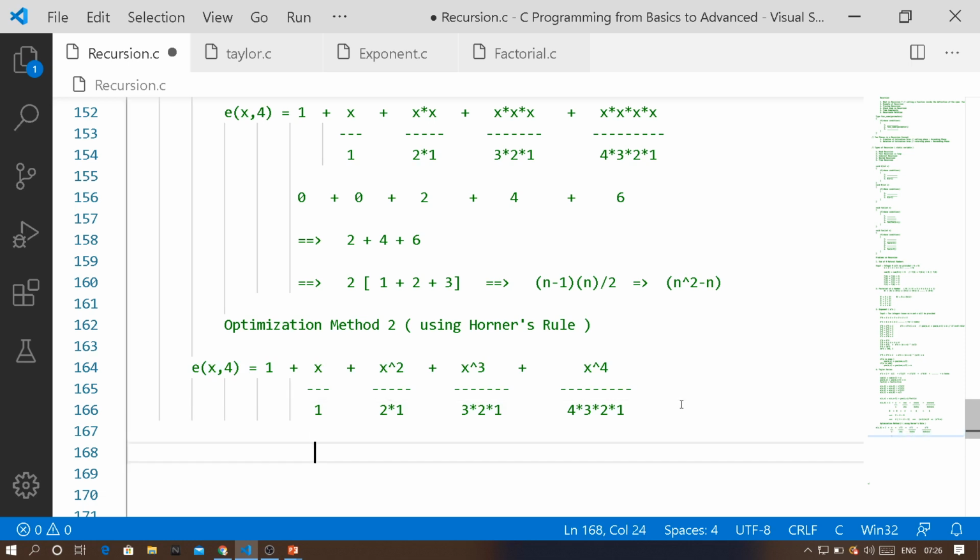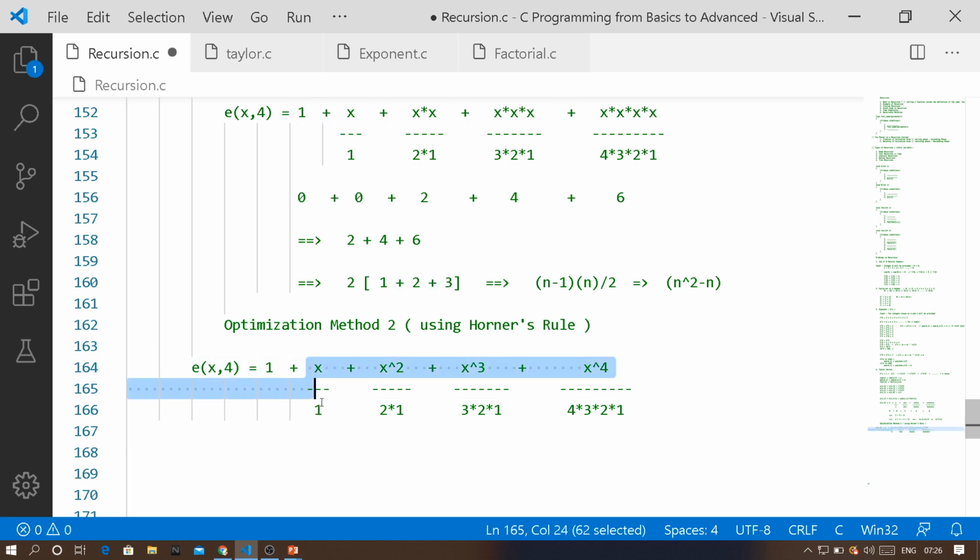Now we are going to use Horner's rule. First of all, let me omit the term 1 and concentrate on these terms alone: x divided by 1, x square divided by 2 multiplied by 1, x cube divided by 3 multiplied by 2 multiplied by 1, x power 4 divided by 4 multiplied by 3 multiplied by 2 multiplied by 1. We are going to take a common term outside this equation. What common term? x divided by 1, we are going to take common outside.